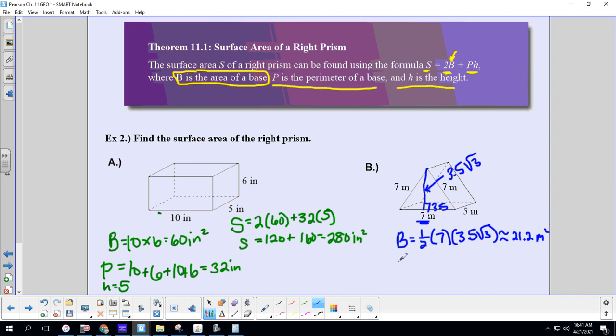All right, now we need to find the perimeter of that base. It's 7 plus 7 plus 7. That is 21. And then the distance from our faces, our base to base distance is 5. Oh, another 5. Coincidence. Okay, so now let's put everything together. In the formula, the surface area is 2 times the area of the base plus the perimeter times 5.